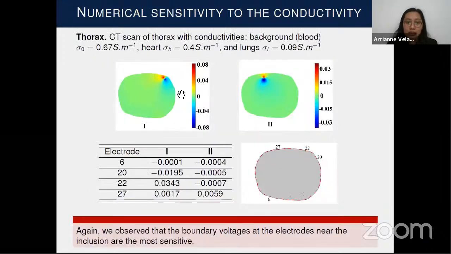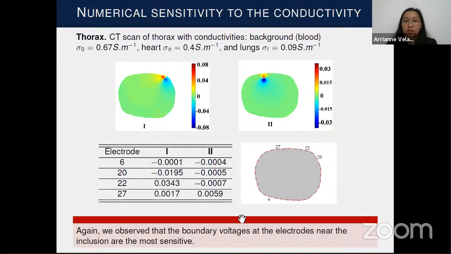For the thorax, I will just point out that this perturbation is near the 20th and 22nd electrodes. That's why we get relatively larger sensitivity values compared to the other two. Also, this perturbation is close to the 27th electrode, and we get relatively larger sensitivity values compared to the other three electrodes.